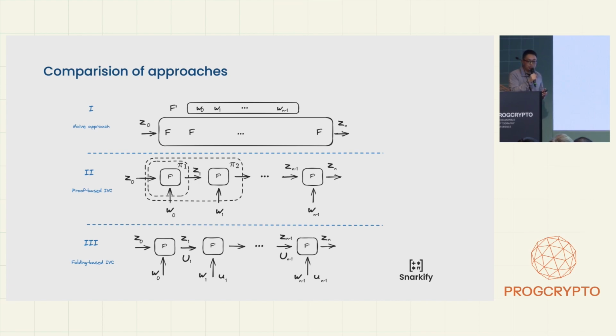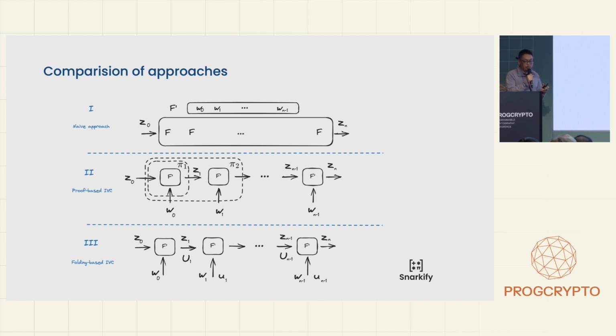The second approach, what I call proof-based IVC, is where for each computation, you write a circuit that consists of 2 parts. The first component of the circuit is a step circuit to execute the step function, basically the f. Given zi, the circuit will output zi plus 1 correctly.